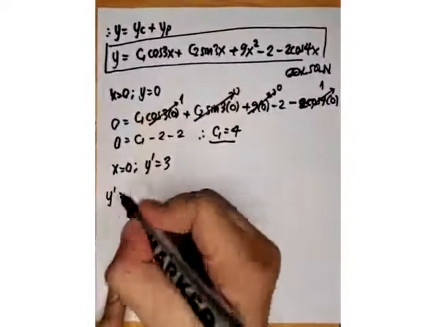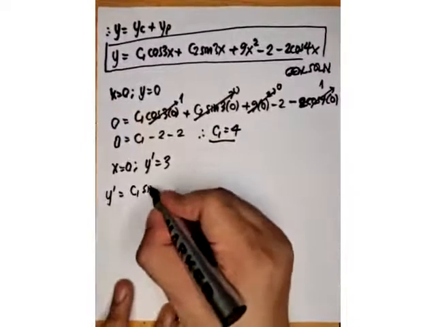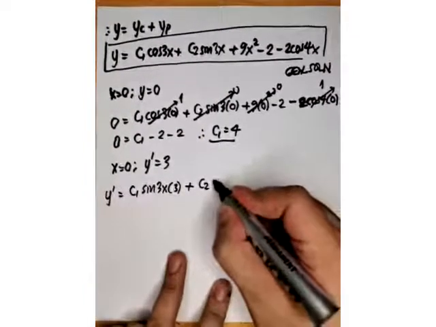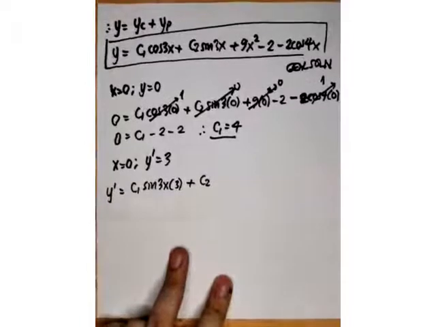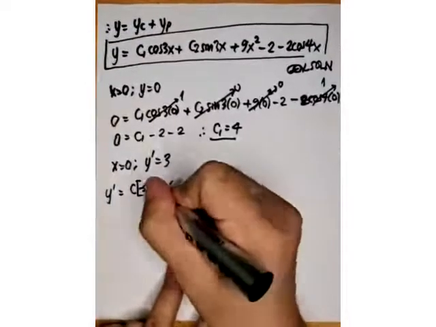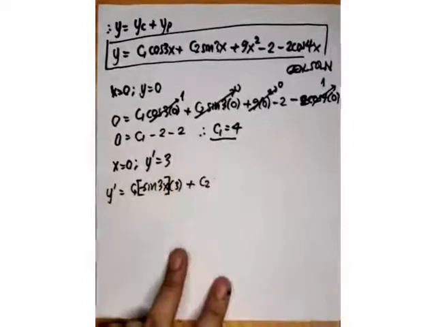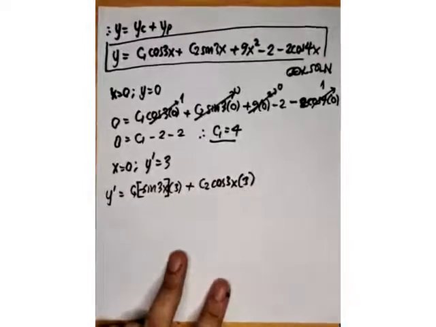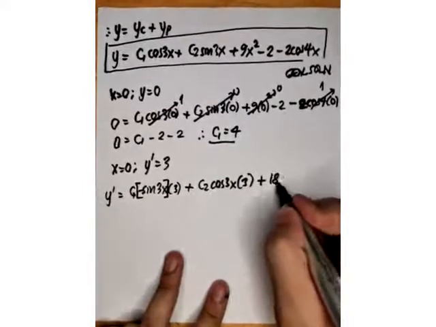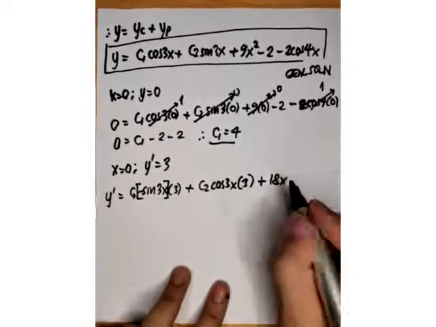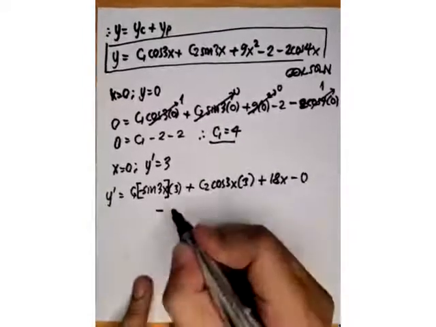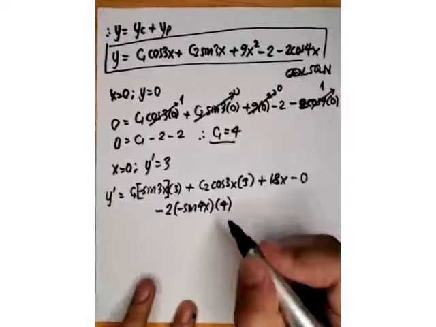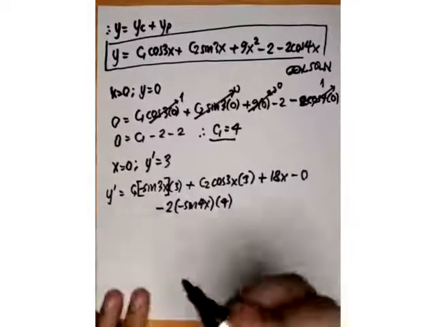So y prime is equal to negative 3C1 sine 3x plus 3C2 cosine 3x plus 18x minus 0 minus 2 times negative sine 4x times 4. Okay. So let's apply the condition.